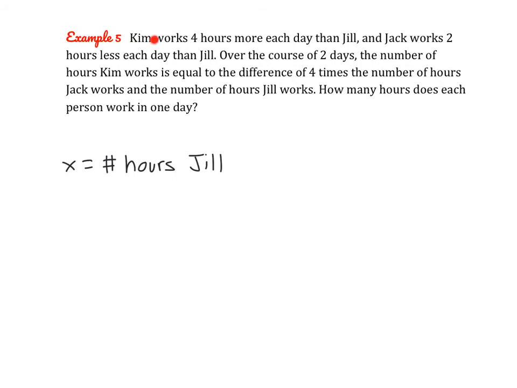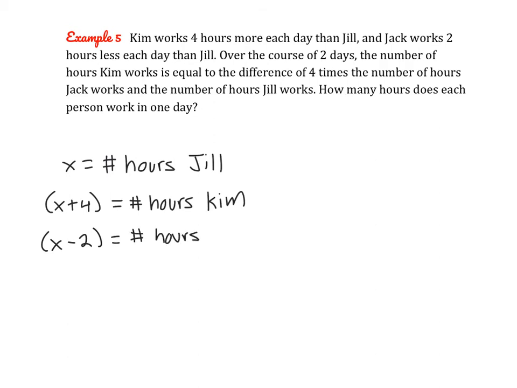So if it says Kim works 4 hours more each day than Jill, we can say X plus 4 would equal the number of hours for Kim. And here it says Jack works 2 hours less than Jill. So that would be X minus 2 would represent the number of hours for Jack.